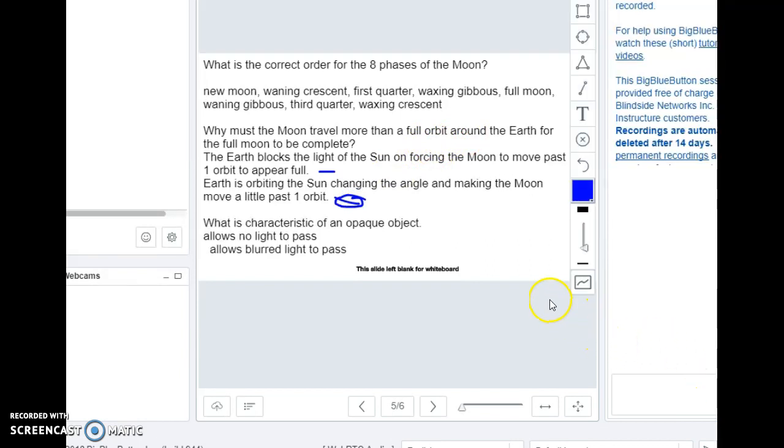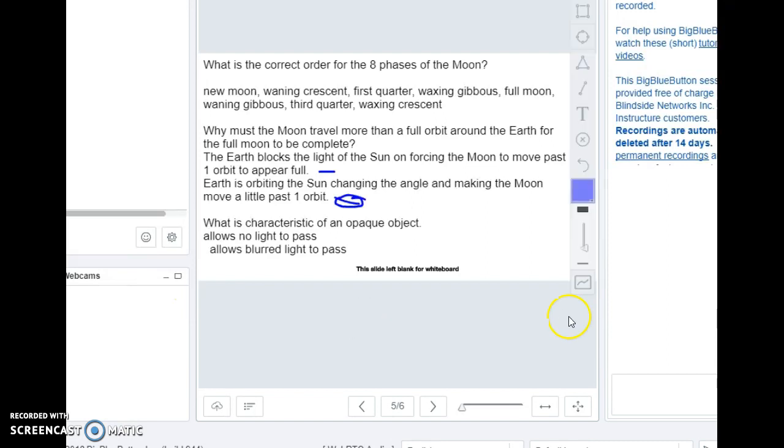So the question again asked, why must the moon travel more than a full orbit around the Earth for the full moon to be complete? And the answer is, Earth is orbiting the sun, changing the angle and making the moon move a little past one orbit. So our next question, what is a characteristic of an opaque object?